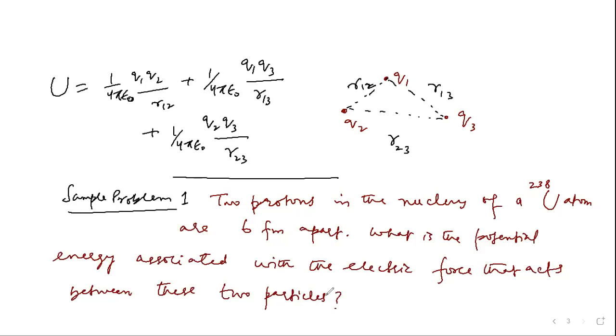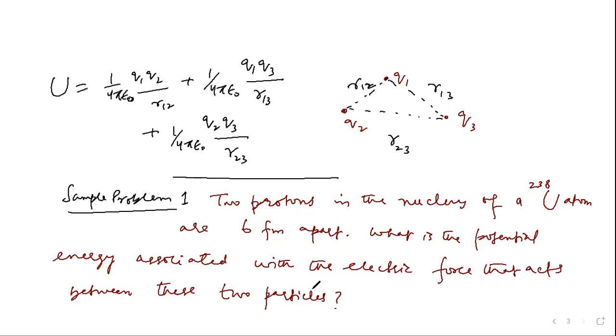I repeat the question. Two protons in the nucleus of a U-238 atom are 6 femtometer apart. What is the potential energy associated with the electric force that acts between these two particles?